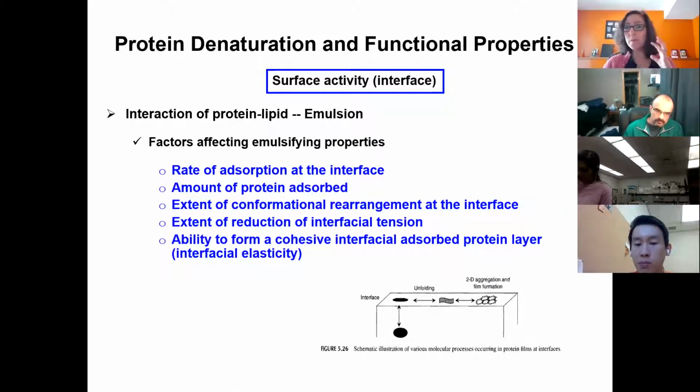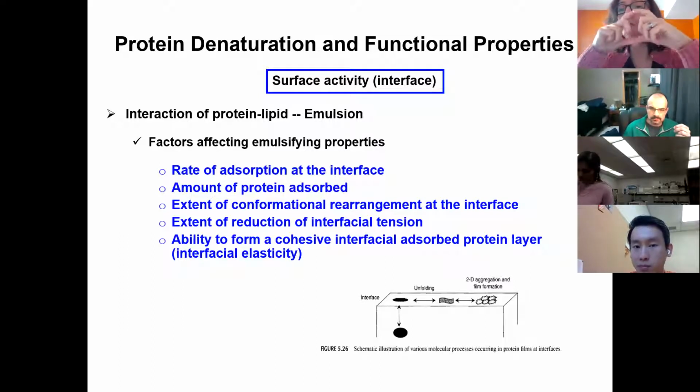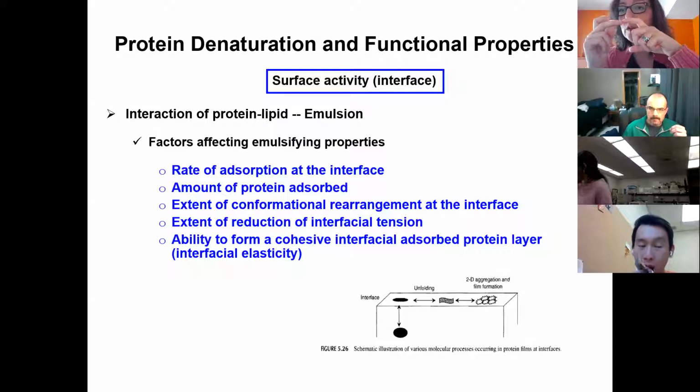Okay, so what do you mean by displacing the protein? Think about it: you have proteins on the surface. So you have your oil and then you have proteins around it, and then you have your continuous phase. If you have surfactants in the continuous phase, they're going to go in and just displace a protein molecule.